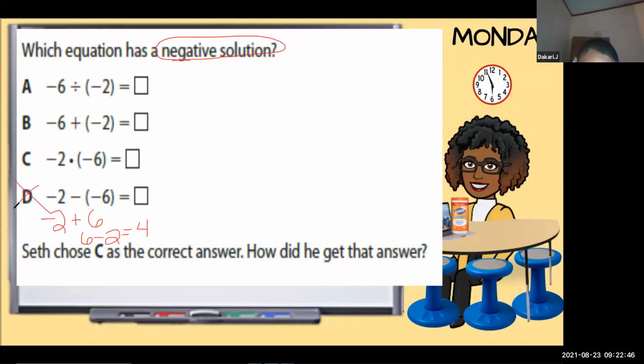All right, will someone else try it? All right, look at division. If we got 2 signs, that means that answer will be what? Positive. Good job, that is correct.